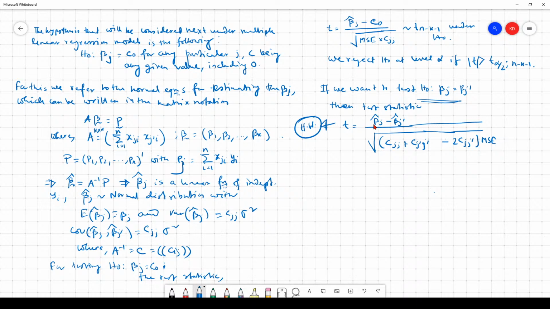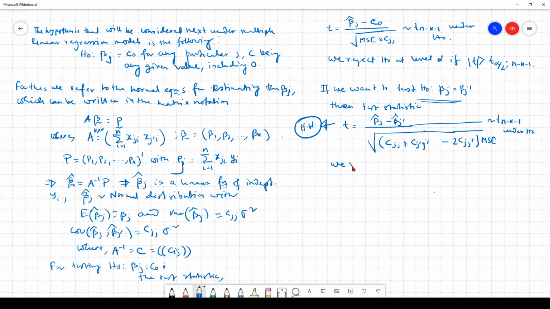Then from the property of normal distribution, beta j hat minus beta j dash hat follows normal distribution with mean 0 and variance Cjj minus 2 Cj j dash plus Cj dash j dash, into sigma square. And since sigma square is unknown, then you get this statistic. This is the T statistic under regression. This follows T distribution with n minus k minus 1 degrees of freedom under H naught.